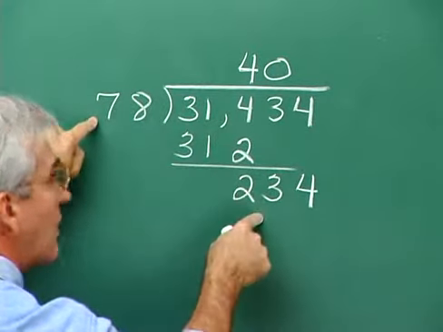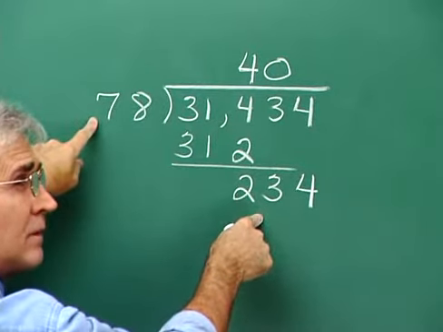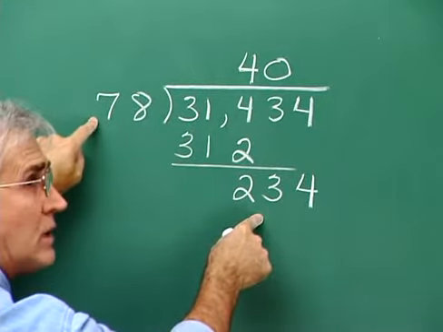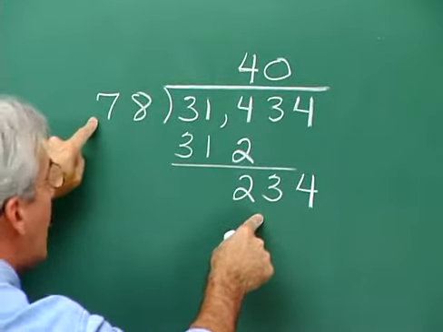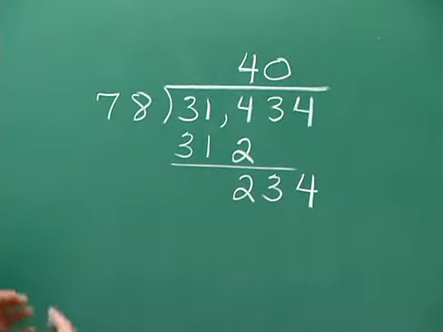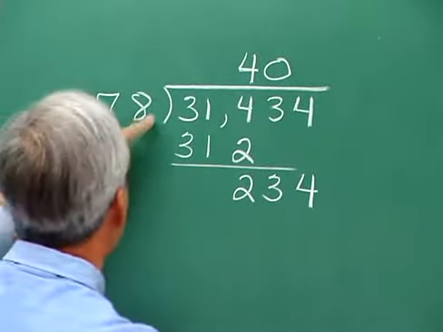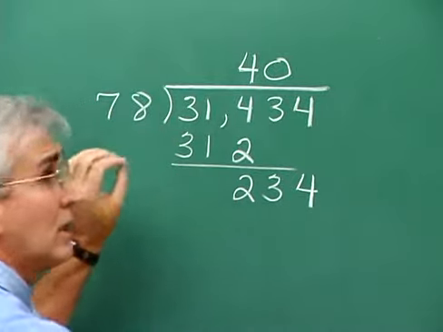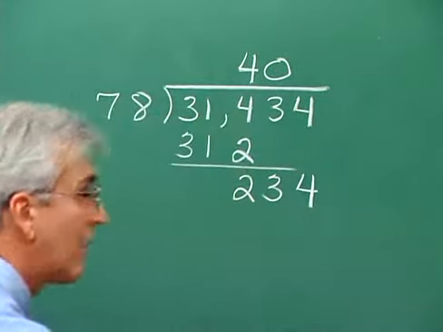Oh, 8 into 23, no, that would only go 2 times for 16. But it's kind of like take your choice. In a lot of circumstances, it's better if the number is really close to the next 10, then use the digit associated with that next 10.